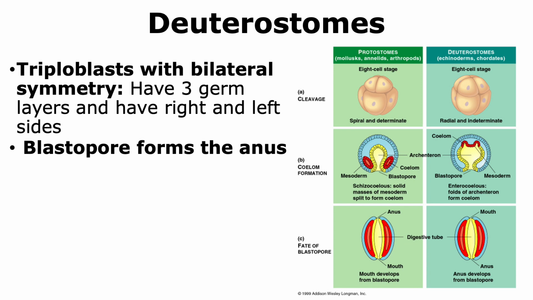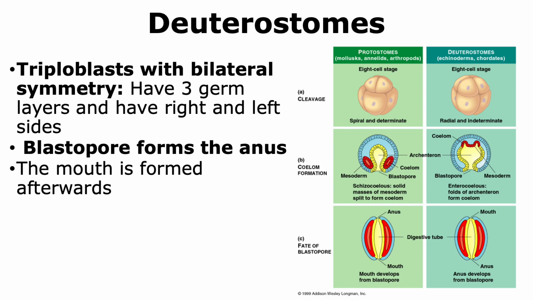In the case of deuterostomes, the mouth is formed after the anal opening, and thus the anus forms first. Thus, in deuterostomes, the mouth forms second. These include the animals that belong to the group of chordates, including all vertebrates, as well as echinoderms, which are basically our starfish and sea urchins.